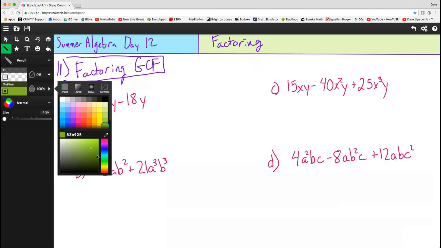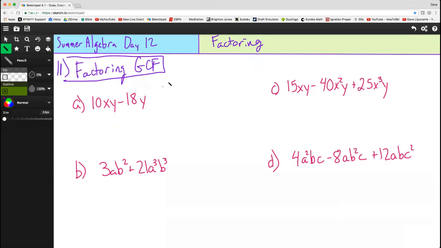Here we go. So our GCF here, if we do our old school way of doing this, would be 2 times 5 times x times y, and here we have -1 times 2 times 3 times 3 times y. So our GCF is 2y, right?